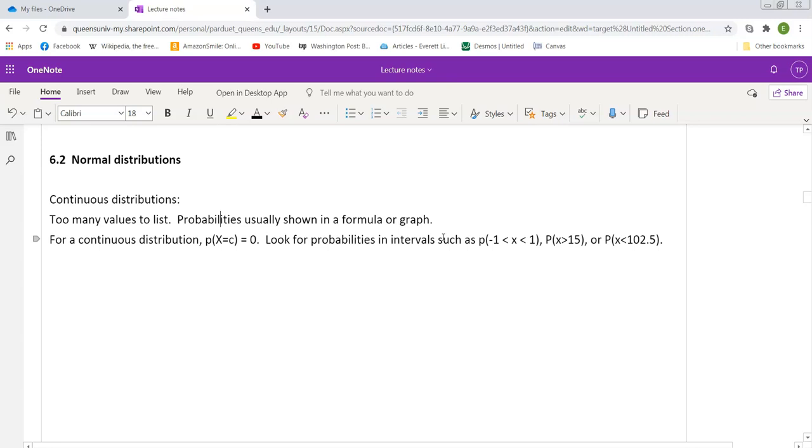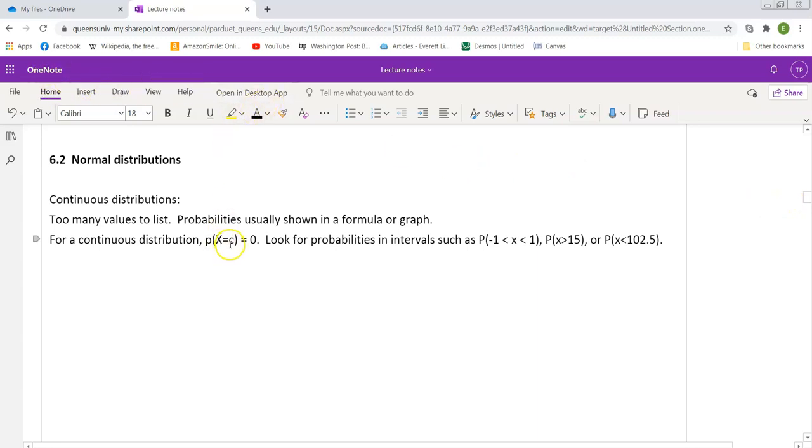So instead of looking at individual values, we're going to look at intervals of values, such as the interval between -1 and 1, or the interval greater than 15, or the interval less than 102.5.